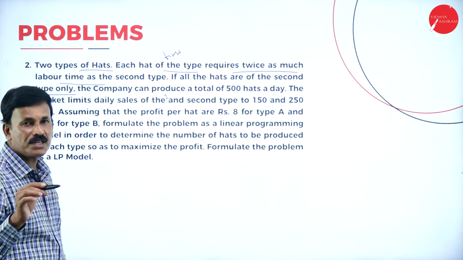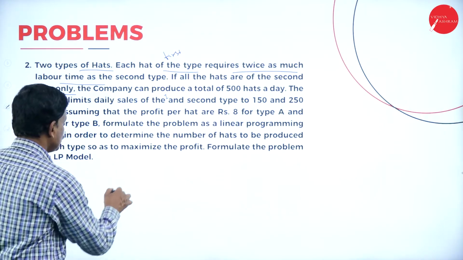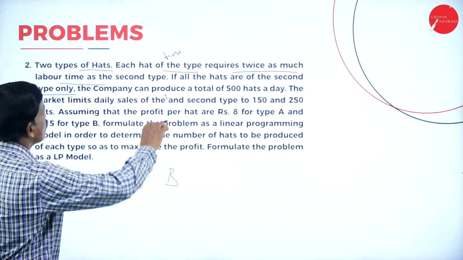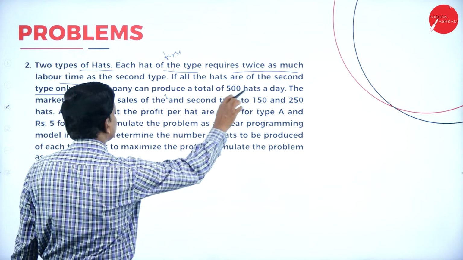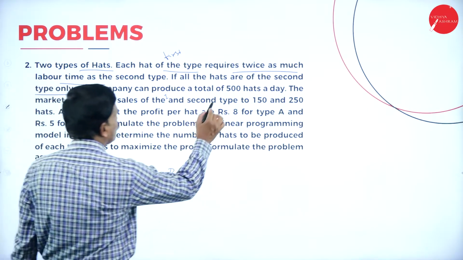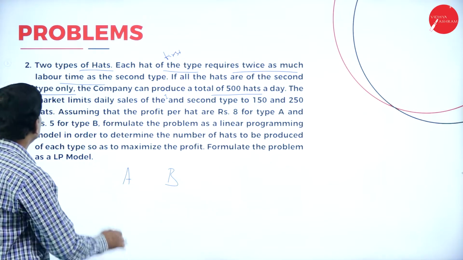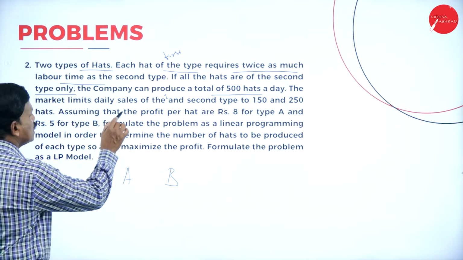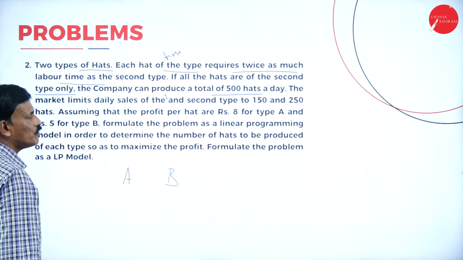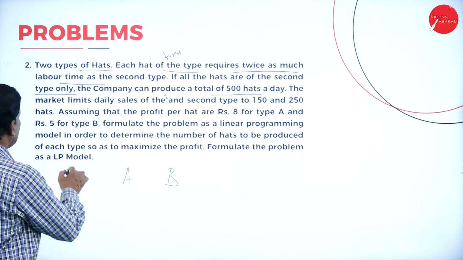Let us consider the first type of hats as A and the second as B, the two types of hats. The market limits daily sales of the first and second type of hats to 150 and 250 hats.